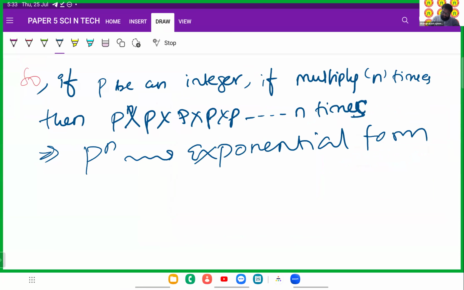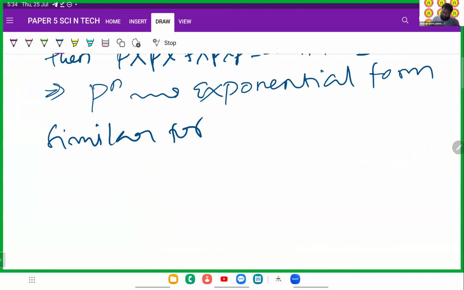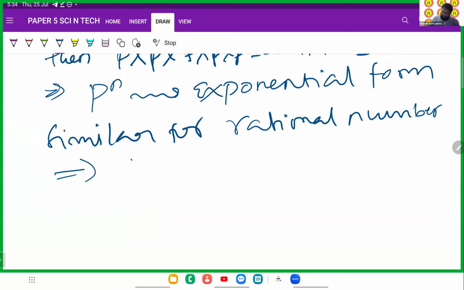And similarly for a rational number also. Suppose a rational number, what is the form of a rational number, students? P by Q, where Q is not equal to 0.